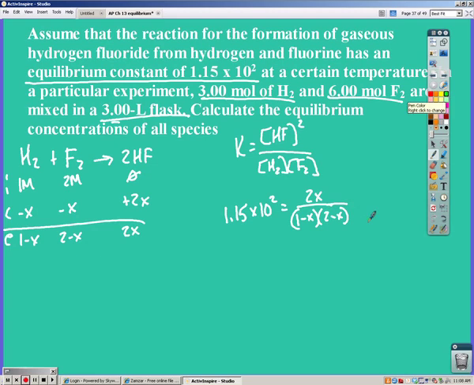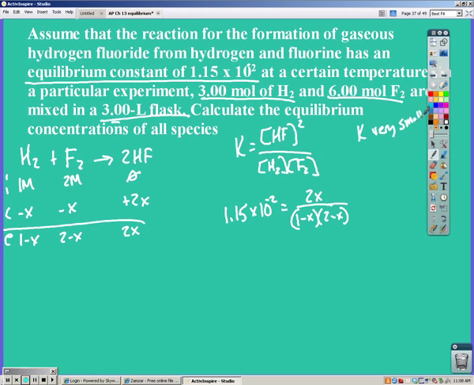And so x is going to be a large number, which means to solve this, you would need to do the quadratic equation. If x is very small, because we have a very small equilibrium constant, remember the smaller our constant, the less products we have, the less that minus x is going to matter.